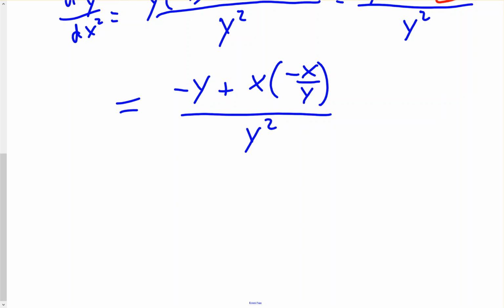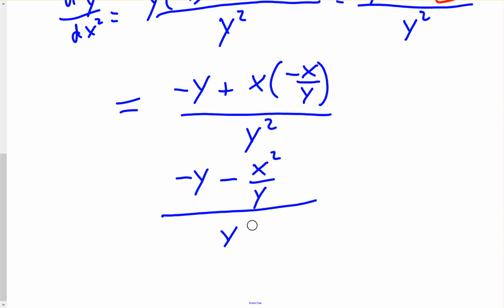Well, we have here for negative y plus, it's a negative times positive, so let's make that minus x squared over y cubed. Okay, so to get rid of this y denominator that's in my numerator, what I could do then is multiply top and bottom.